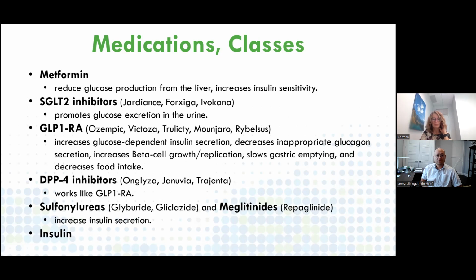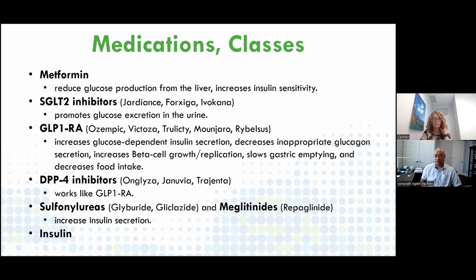This class of medication increases glucose-dependent insulin secretion. It decreases inappropriate glucagon secretion, it increases beta cell growth and replication, and it slows gastric emptying. It also decreases food intake, which helps to reduce a glucose load, and also weight loss as well.